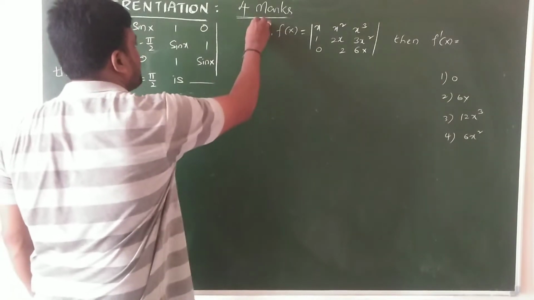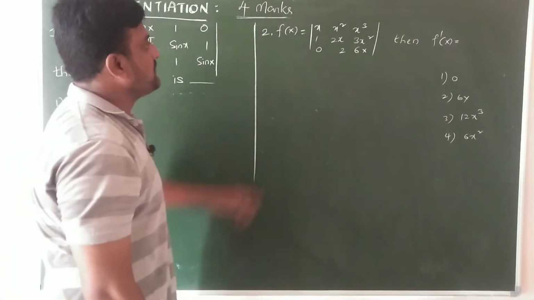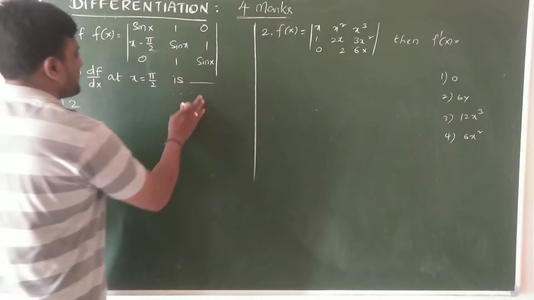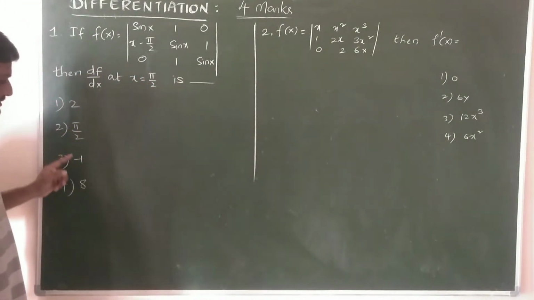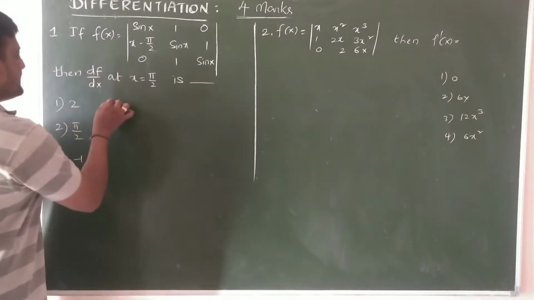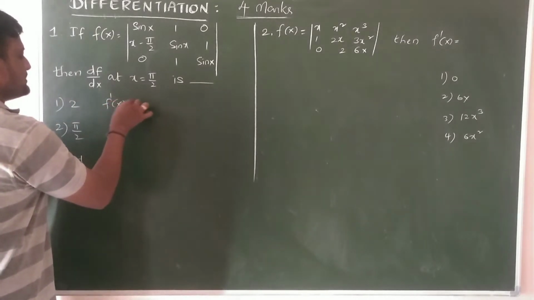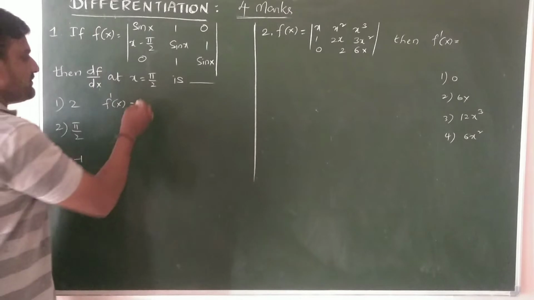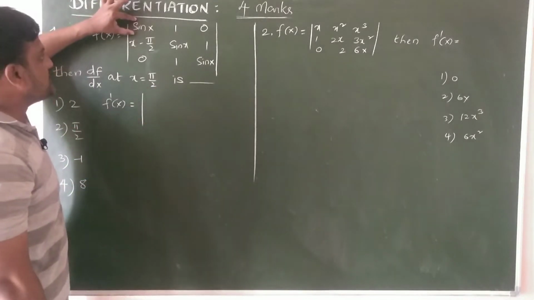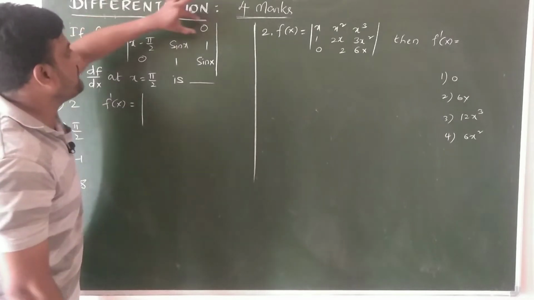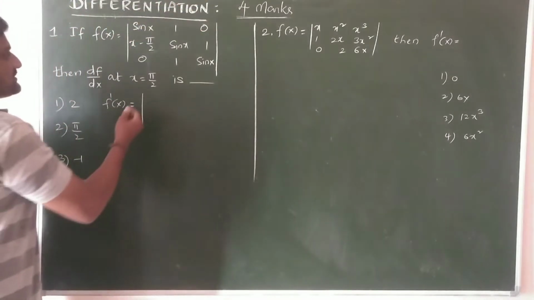Now the given problems are in determinants only, so we can apply the formula. The options are 2, pi by 2, minus 1, 8. Then f dash of x equals, by the formula, in the first term we take only the derivatives of the first row terms.